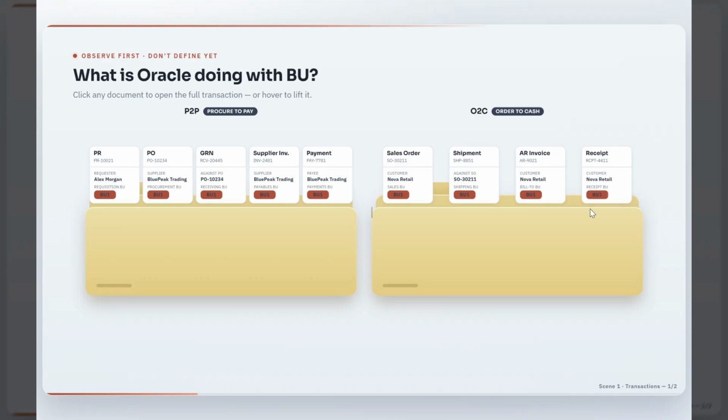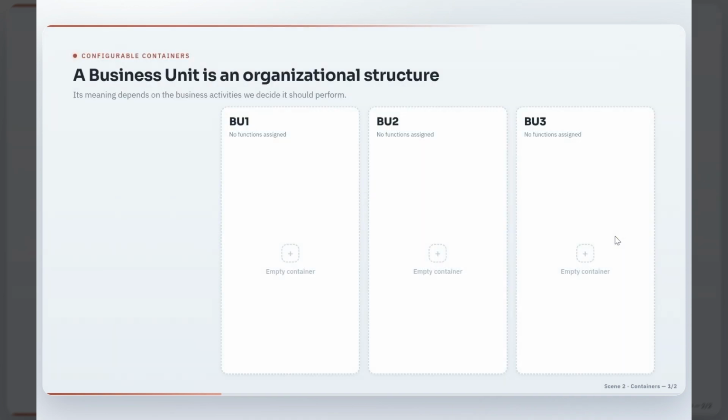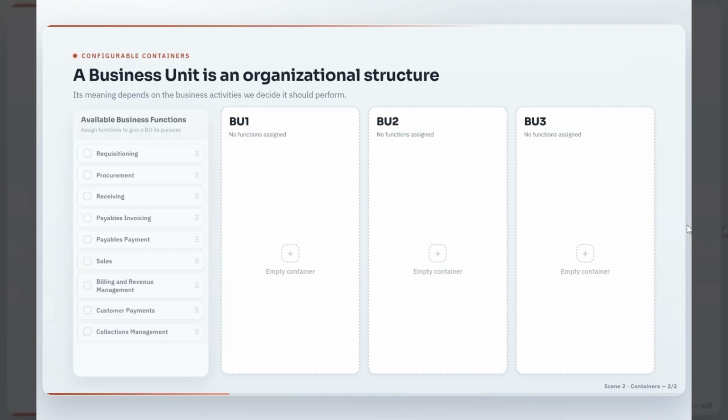But what does BU1 actually represent? Here is the key idea. A business unit is like an empty configurable container. When we first create BU1, BU2, and BU3, their names alone do not tell Oracle what they are supposed to do. We give each container a purpose by enabling business functions.